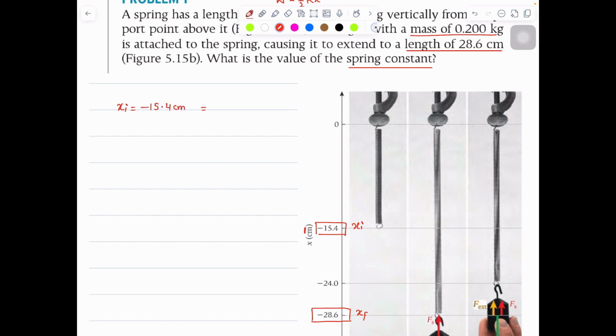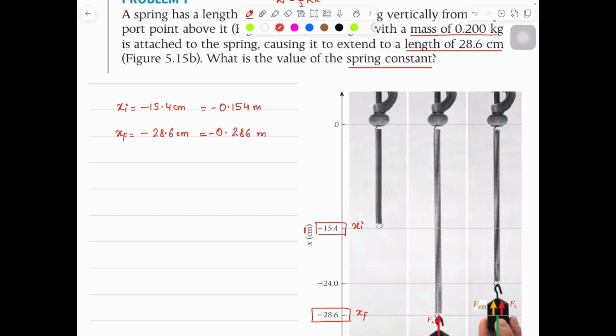Convert it, so 0.154 meter. Clear? And xf is equal to negative 28.6 centimeter, which is equal to 0.286 meter, and both should be negative.